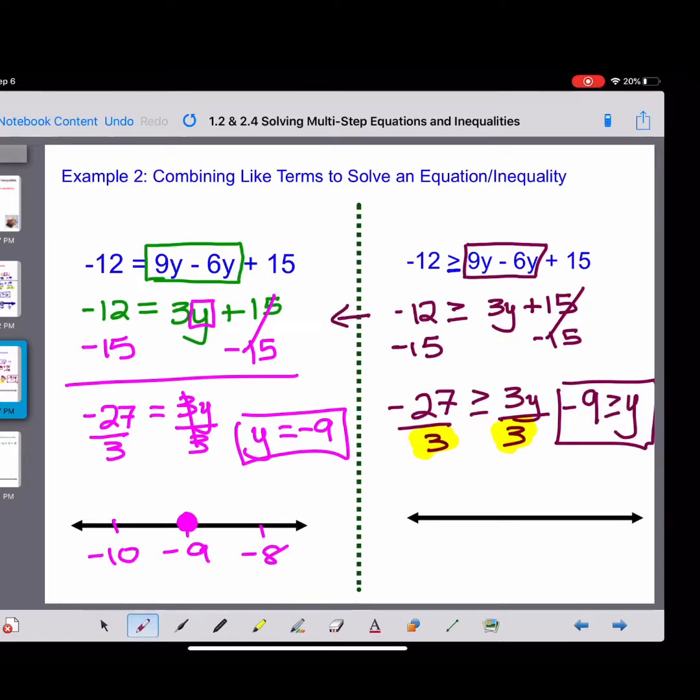I like to rewrite it in terms of y, or a variable, so y is less than or equal to negative 9. This time I'm going to have a closed circle because of that equal to sign, and I need to represent all values smaller or less than negative 9, so that's going to be negative 10 and all numbers to the left.